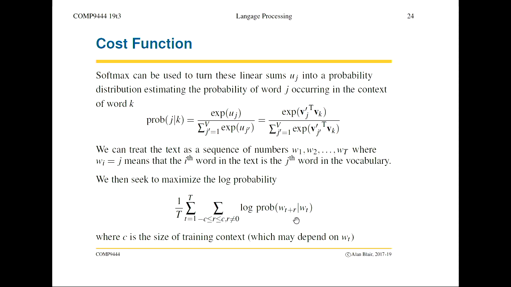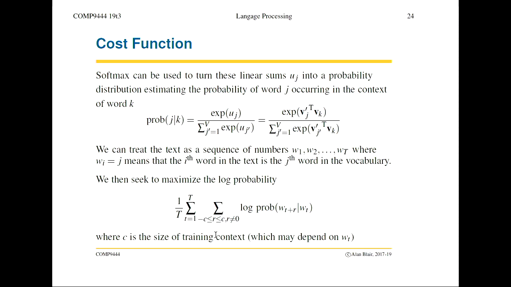And what we're seeking to maximize is this formula here. So we remember the text consists of this long sequence of words. What this formula is saying is that C determines the context. So if C is equal to 5, then we're looking at the 5 words before the word and the 5 words after the word.